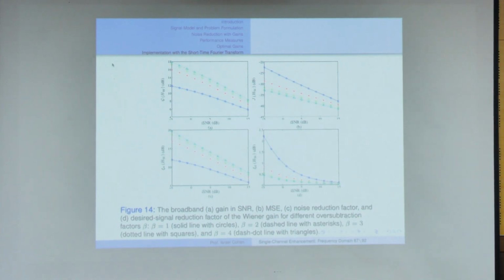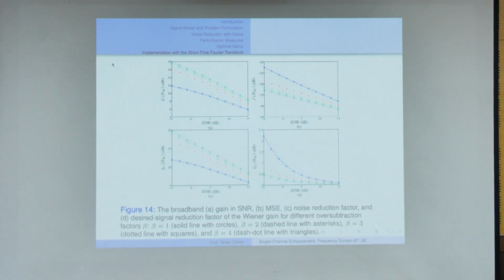Why, when we suppress more noise, does the output SNR increase? Remember the maximum SNR filter? We talked about it in the time domain. When we suppress, we don't suppress noise in the high SNR components.